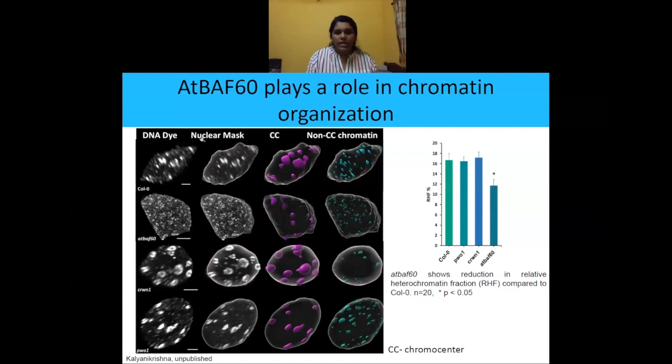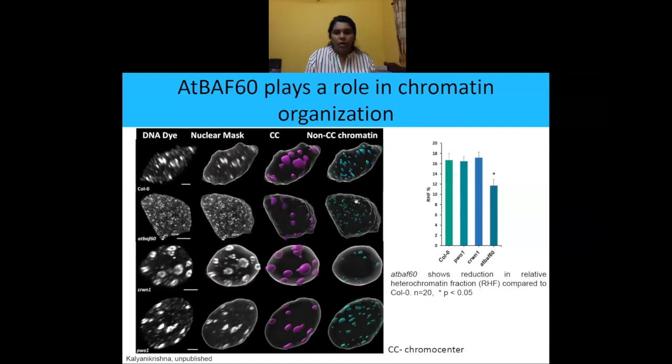And then we did 3D image analysis by segmenting the nuclei. We created a nuclear mask, and then we segmented the chromocenters and the non-chromocenter chromatin. And as you can see, the chromocenter organization, chromocenter distribution, and the chromatin organization in ATBAF60 is quite different from the other genotypes.